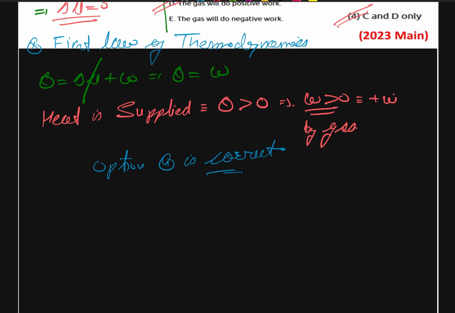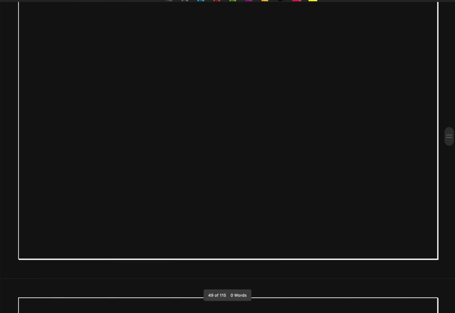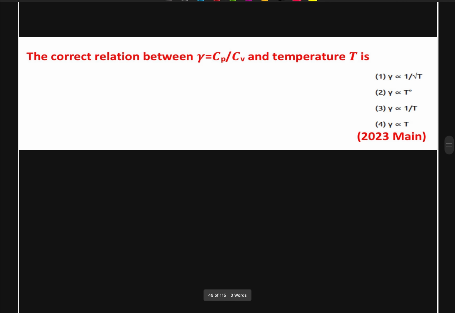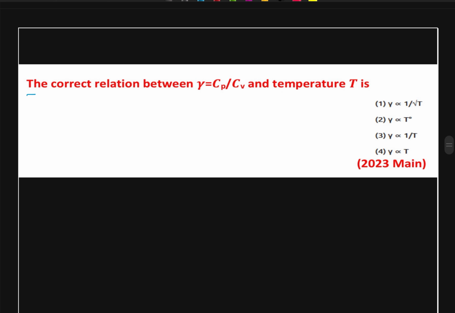Next question. It states the correct relation between gamma, which is C of P to C of V, and the temperature T. It is quite straightforward. The formula is already given to us.